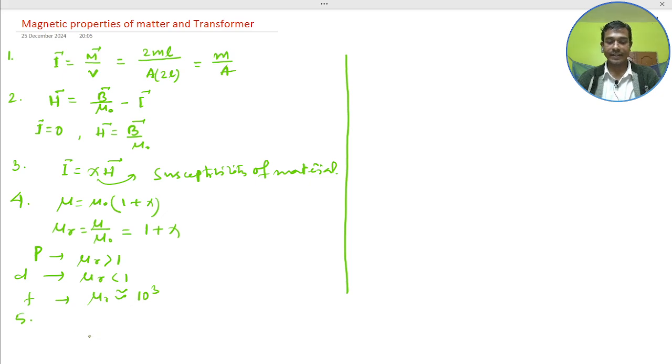Next is Curie's law, chi equal to C by T, and basically written as C dashed by T minus Tc. Tc is called the Curie temperature, with T greater than Tc, and Tc is called the Curie point.